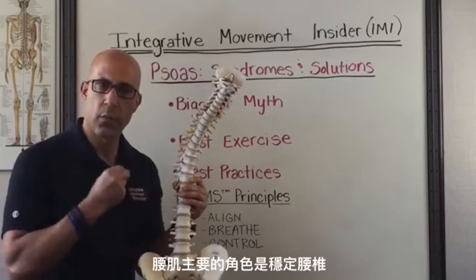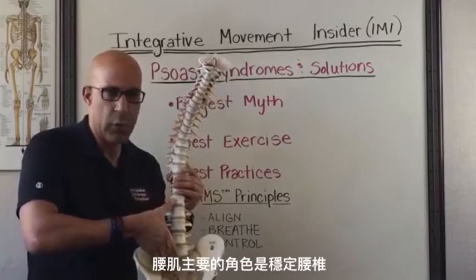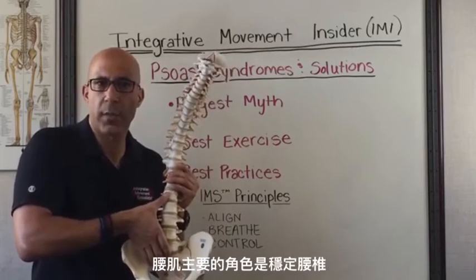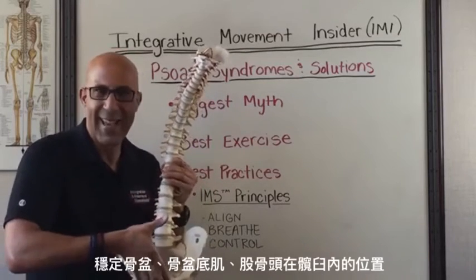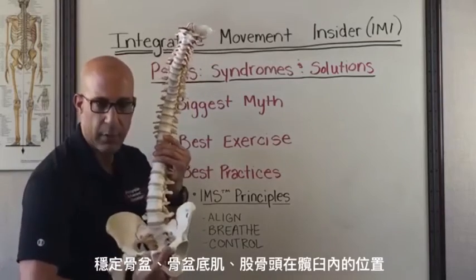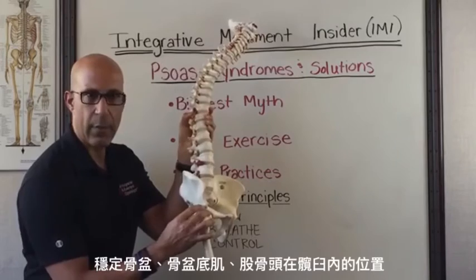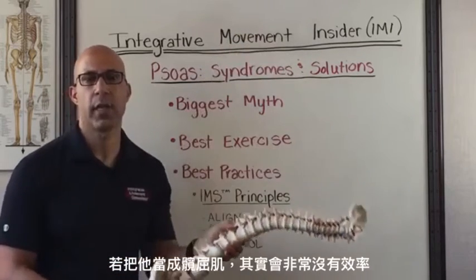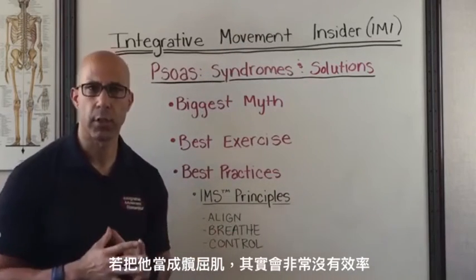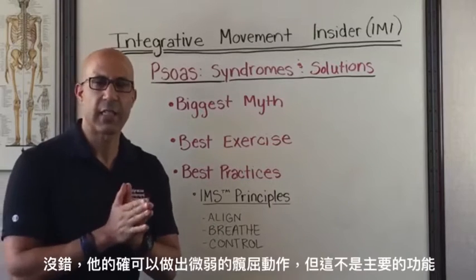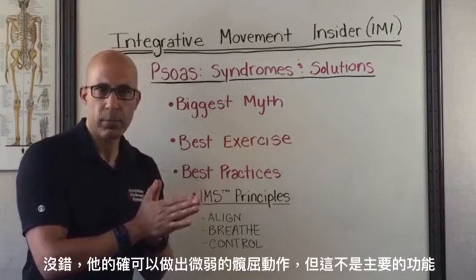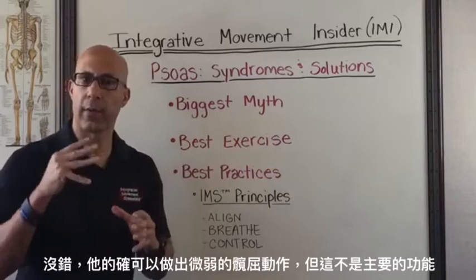The Psoas's primary role is to stabilize the lumbar spine, the pelvis, the pelvic floor, and the femoral head within the acetabulum. It actually is a very inefficient hip flexor. Yes, it can do it weakly, however, it's not its primary function.